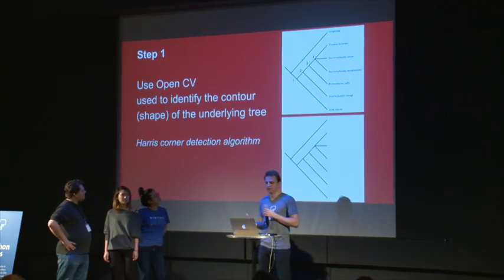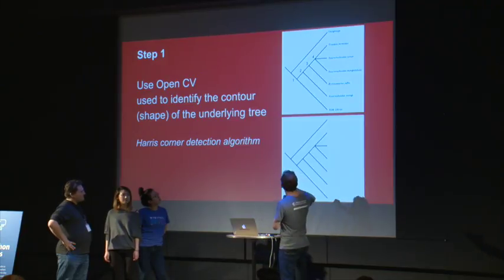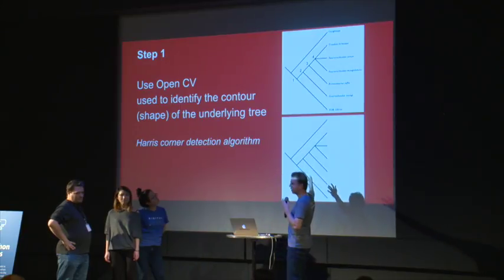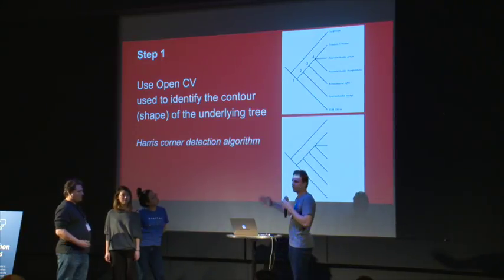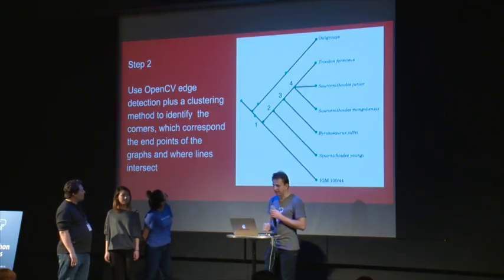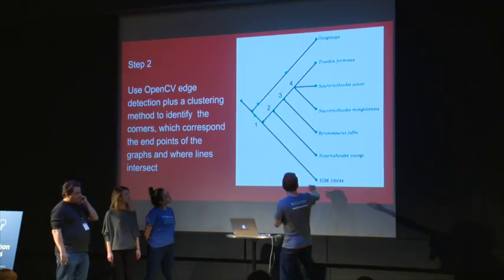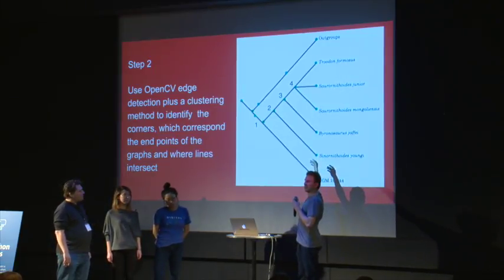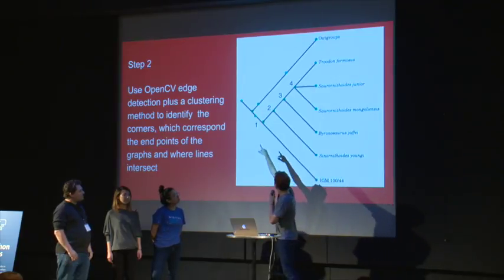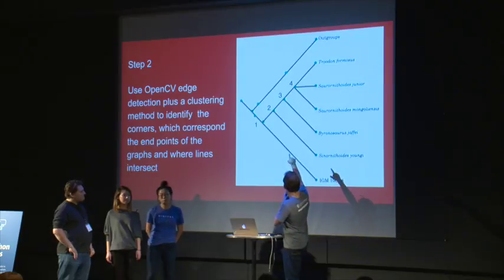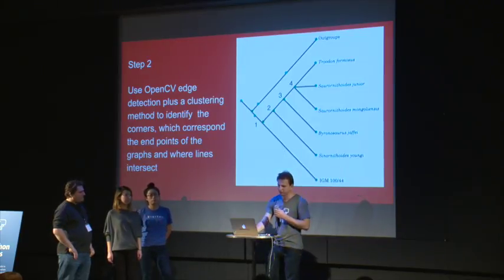The first step was to take OpenCV and find a way to extract, from any arbitrary phylogenetic tree, just the contour, the shape of the individual tree. This gives us an understanding of how it's all connected. Then we need a way of finding the individual nodes at the edge, known in computer science as the leaves of a tree, and the root of the tree on the left side, and how they're all connected by these separations.